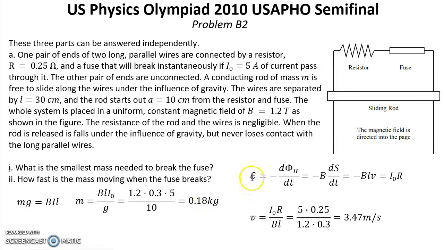From the other hand, EMF equals I0 multiplied by R, so we have for speed this equation. That's equal to I0R over BL. When we put in numbers, we will get 3.47 meters per second. That's the terminal speed of this mass.